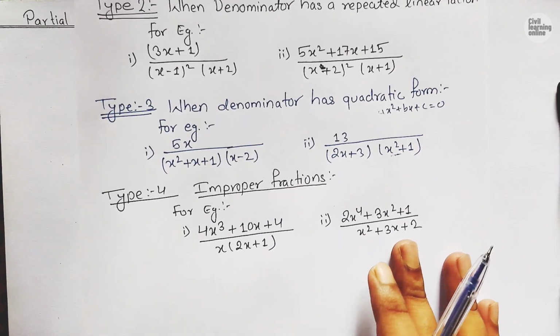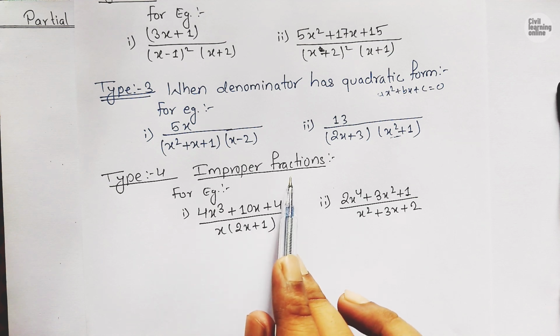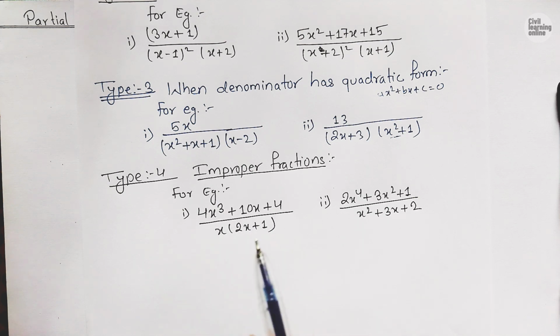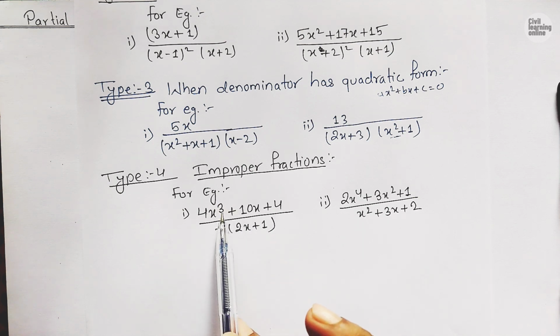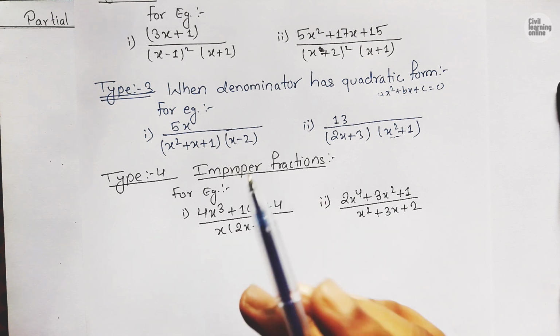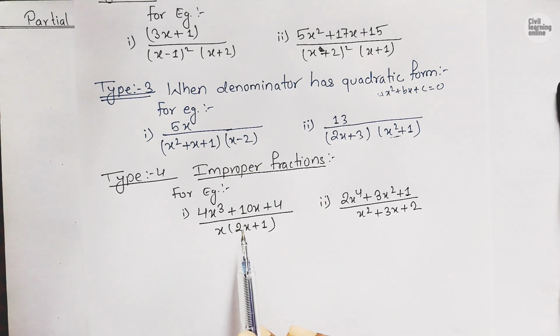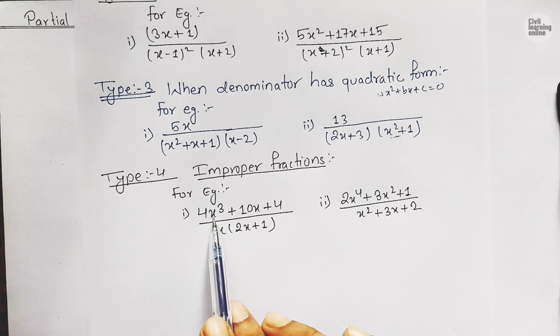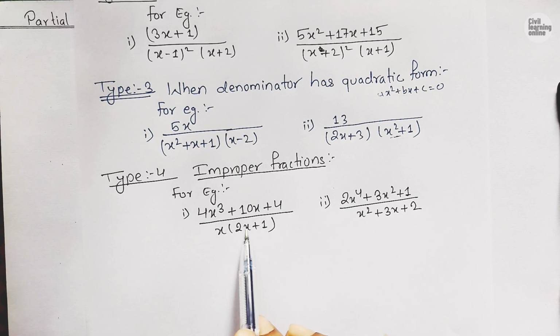Now the fourth type is the improper fraction. An improper fraction means the variable in the numerator carries a higher degree than the variable in the denominator. You can see the degree of x in the numerator is 3, while in the denominator the maximum power will be 2, that is x square.